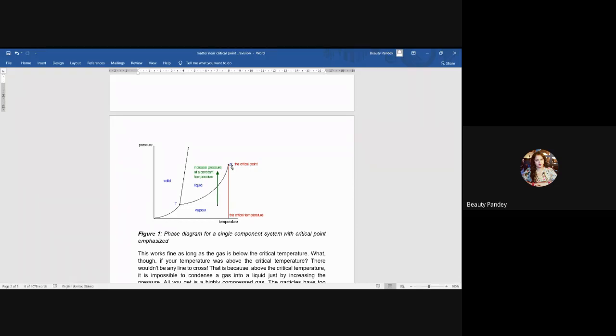I hope till now you are clear that when you increase the pressure, as I was saying yesterday, the intermolecular force of attraction, that is the constant A, will increase. And the more A there is, the easier it is for that gas to liquefy.